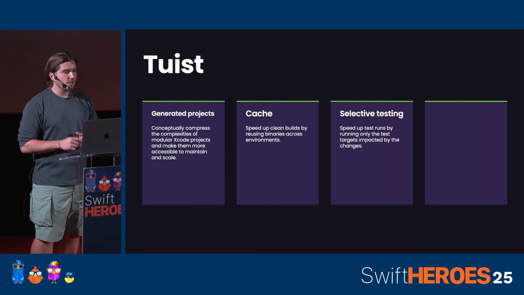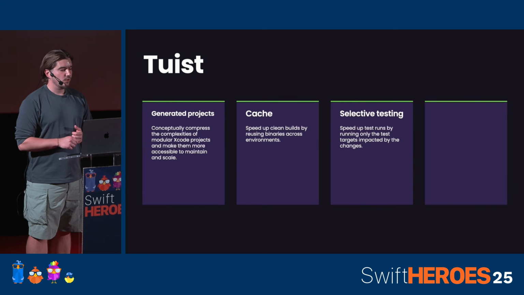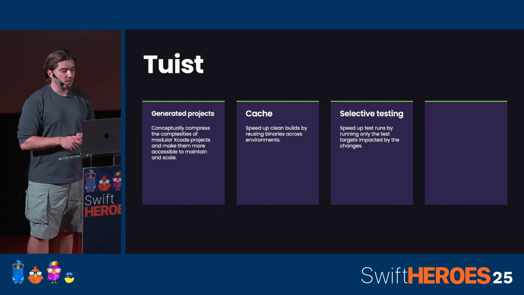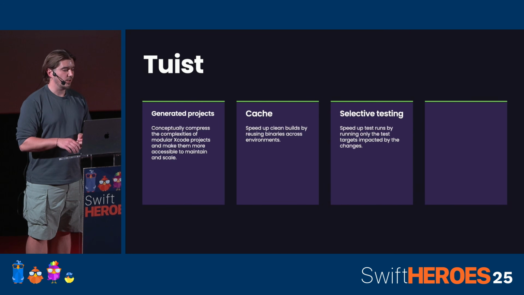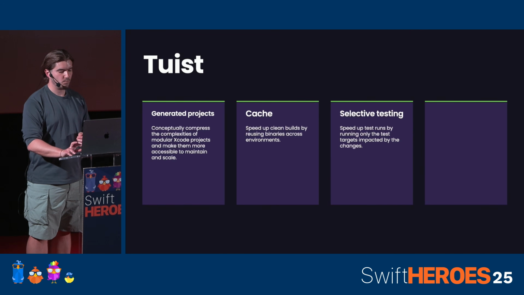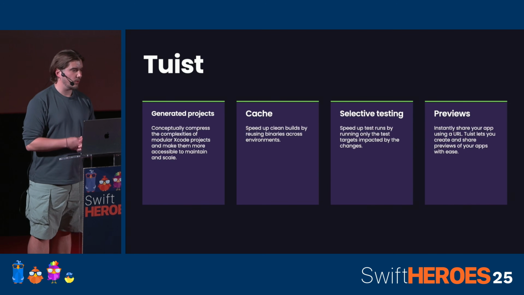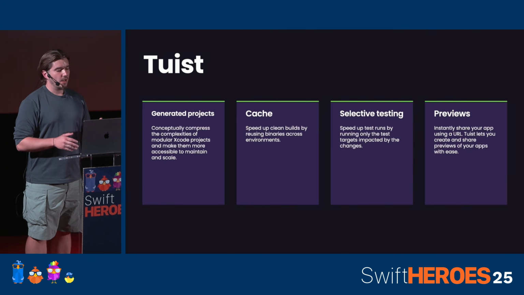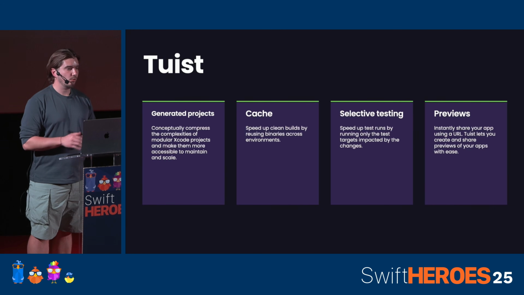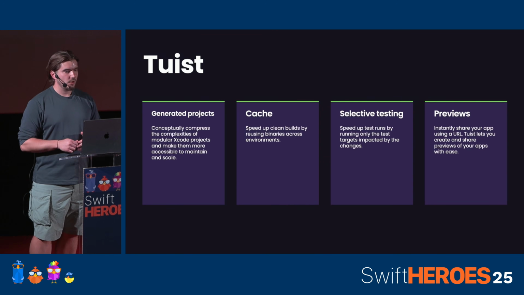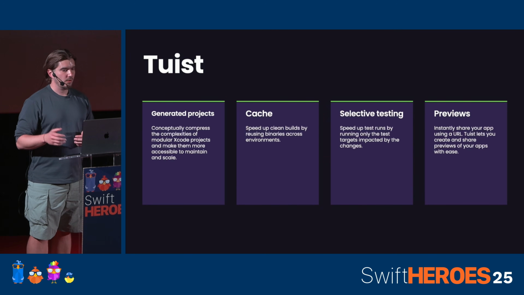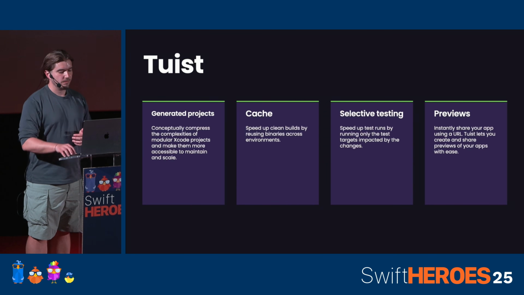So it really decreased the time needed on CI to perform on the test, which can be crucial if you're running entire test suite on every commit you did. And finally, I think the newest tuist feature, which are the previews. Tuist is capable of building the app and creating the shareable link, which anyone can use in order to install the app directly on the simulator.